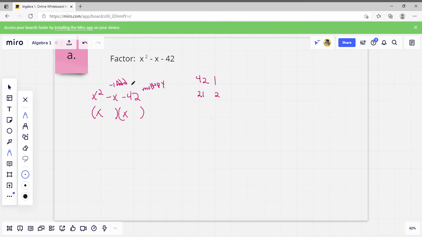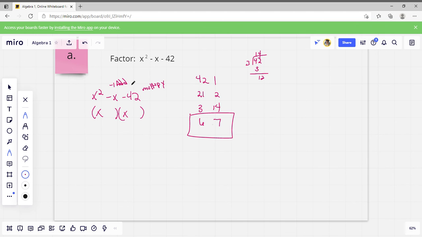21 and 2. 3 would probably go into that, 14 times 3. 6 times 7. Okay. So we need something that when we add them together, we're going to get negative 1, and that's going to be 6 and 7.